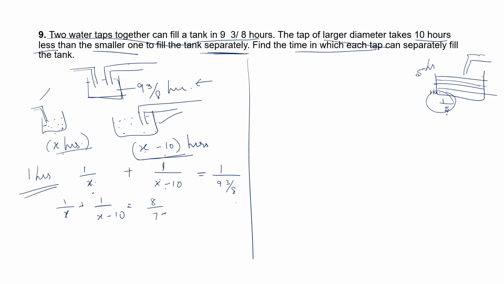8 by 75. So take the LCM. Forming the equation is more important. The solving you can do very well. You just understand that part. If you can't understand, you can comment.